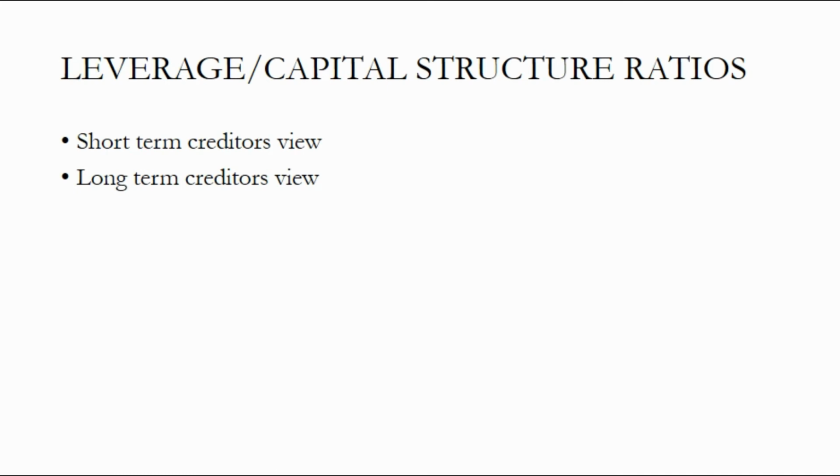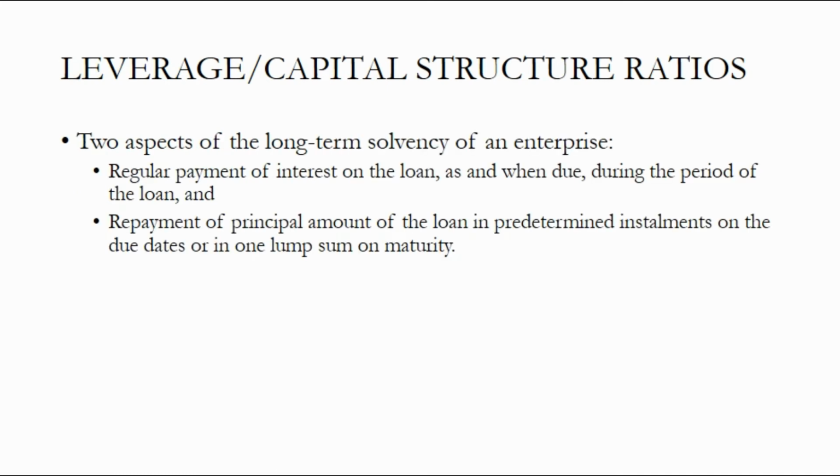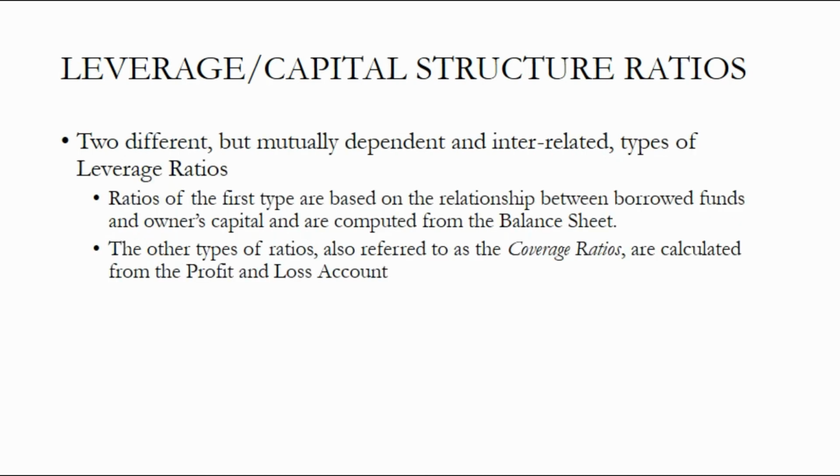Leverage or capital structure ratios. Now, there are two aspects of the long-term solvency of an enterprise. First, regular payment of interest on the loan as and when due during the period of the loan. Second, repayment of the principal amount of the loan in predetermined installments on the due dates or in one lump sum on maturity.